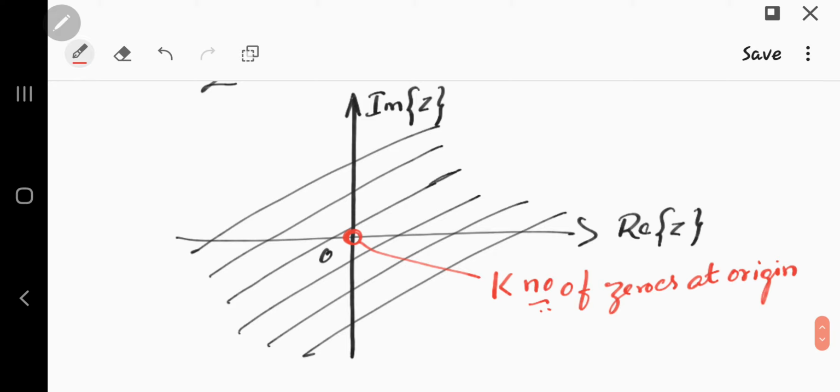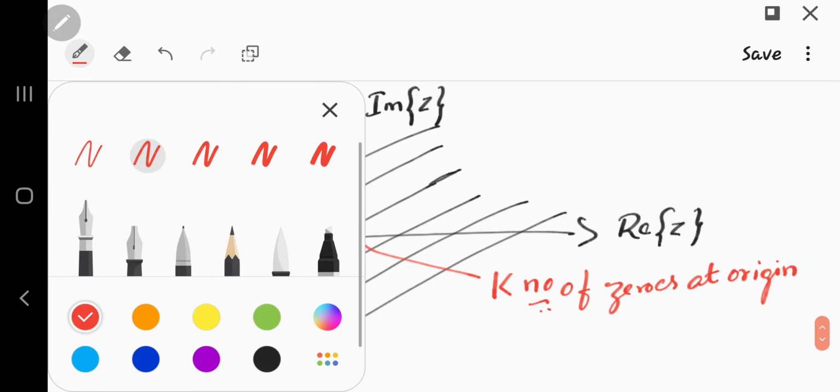This example we also took in the previous video. Now I will go to one more example based on this, and let's see how we are going to find the ROC.